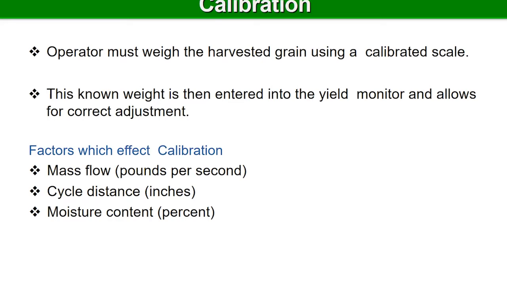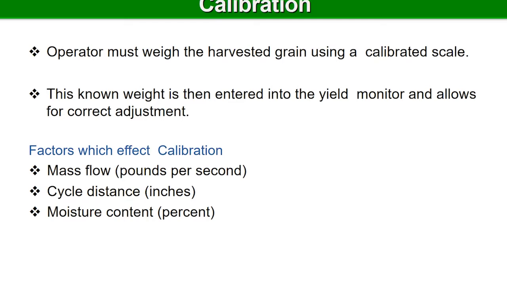And also for the moisture sensor, when you harvest, you are reading moisture from the harvested grain, and you take a sample from the harvested grain and get the exact moisture percentage.